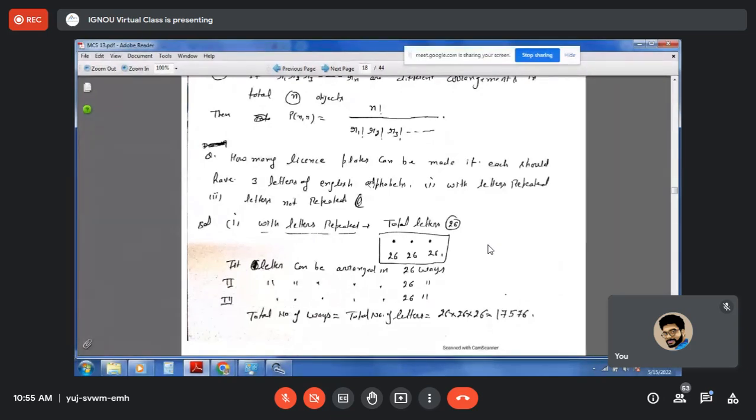Simple. We have to make the license plate. There are different conditions: with the letters repeated, and letters not repeated.